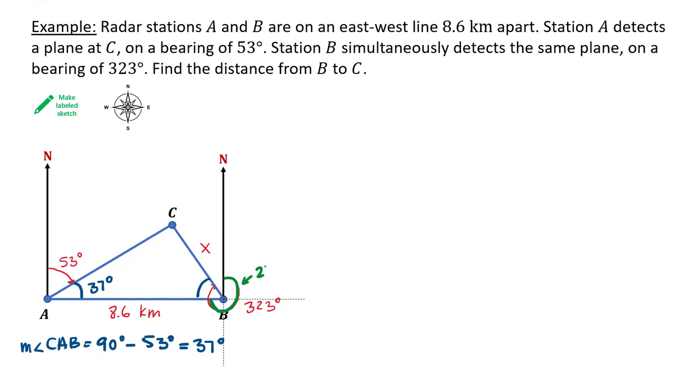That's 270 degrees. So in other words, the measure of angle CBA is 323 degrees minus 270 degrees. That is 53 degrees. So we have a triangle where we know two angles.